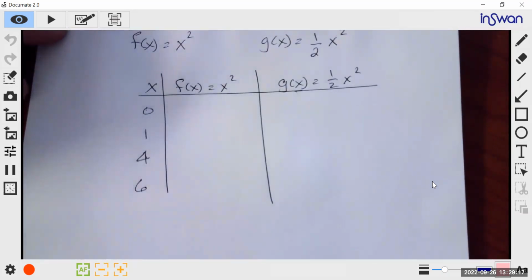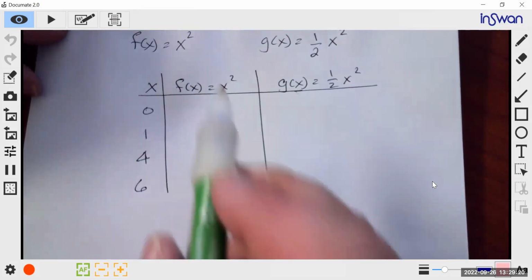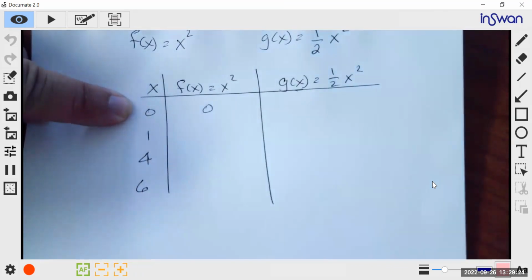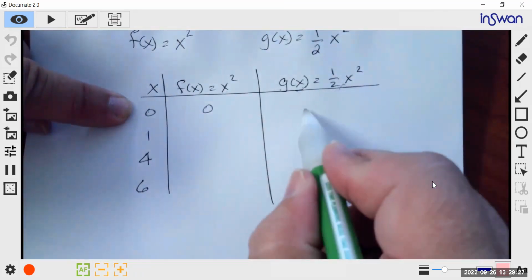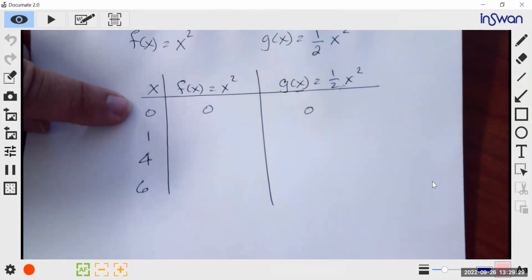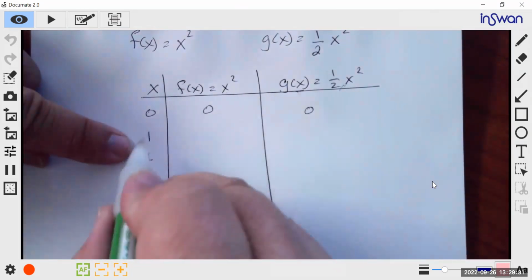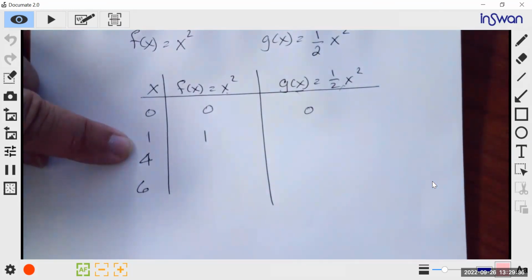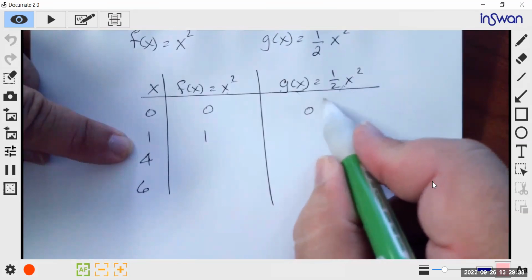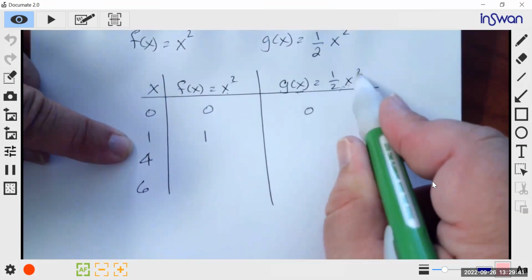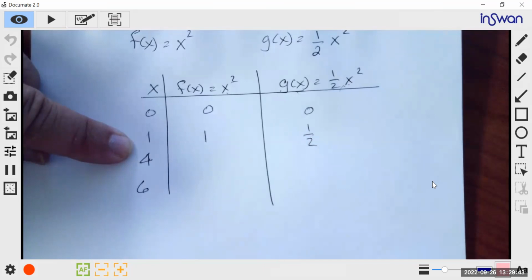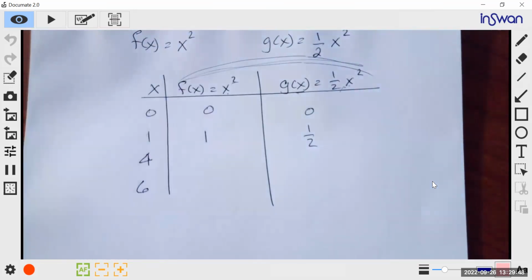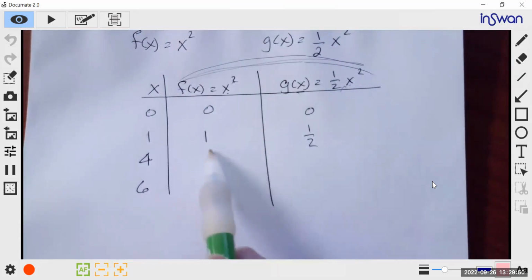These are easy to divide by 2. So when x is 0, it's going to be 0. They all start from the origin. When x is 1, f of x is 1. 1 squared is 1. g of x, when x is 1, 1 squared divided by 2 is 1/2. These are the y values of my graph. You see automatically, this one's half as big as this one.